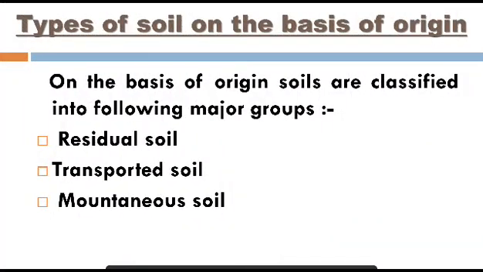Now we will learn about the different types of soil on the basis of its origin. On the basis of origin, soils are classified into the following major groups. They are residual soil, transported soil and mountainous soil.